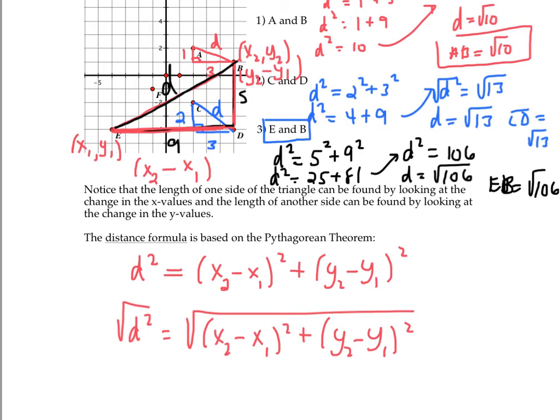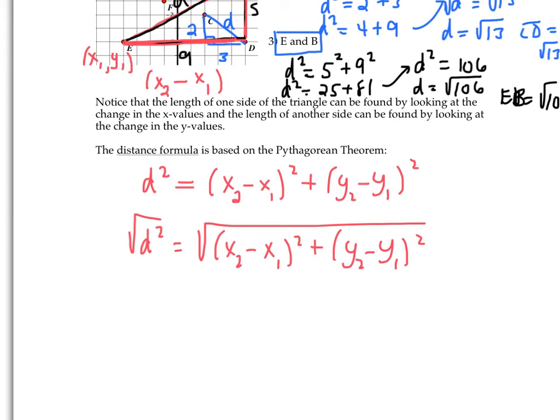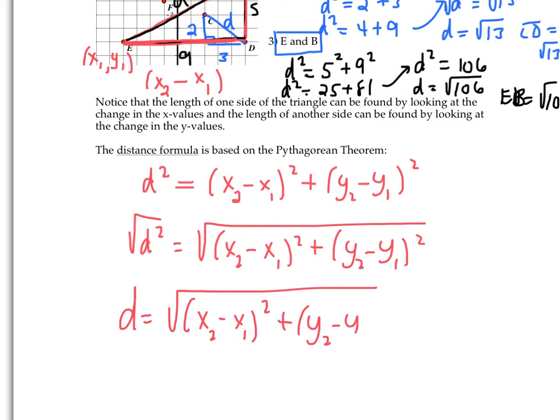So finally, this will give us our distance formula. D equals the square root of the change in the x values, that value squared, plus the change in the y values. Okay, so let's take a look and see how this can make our work finding the distance between 2 points a little bit easier.